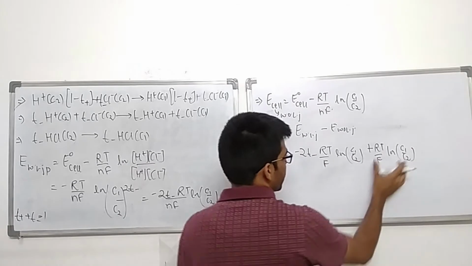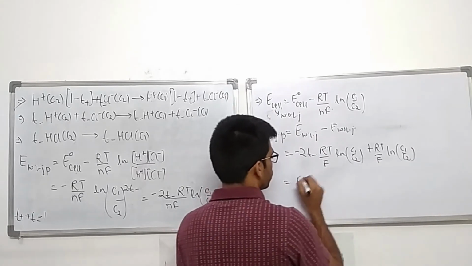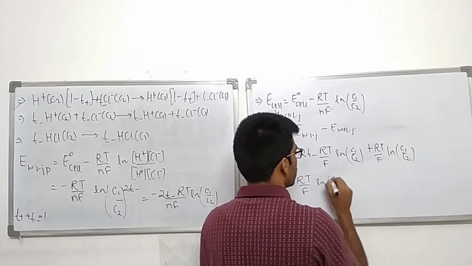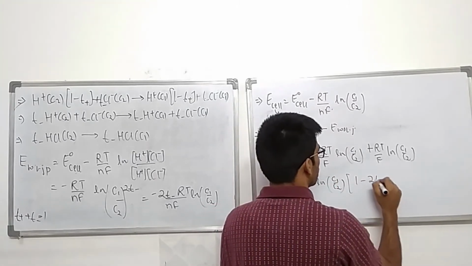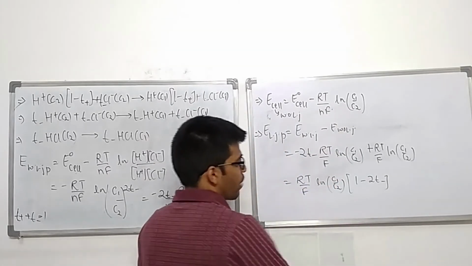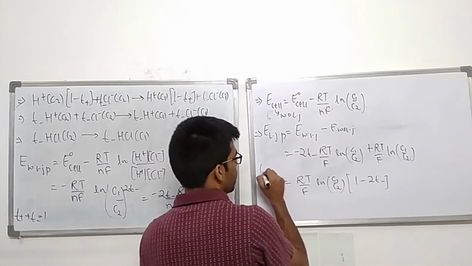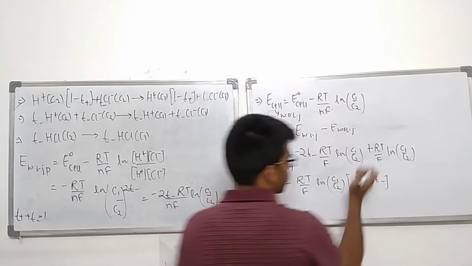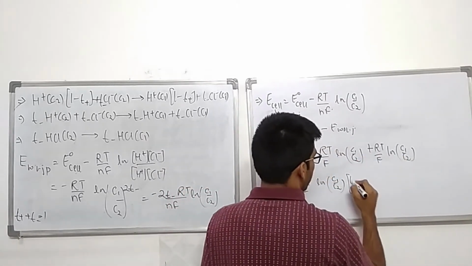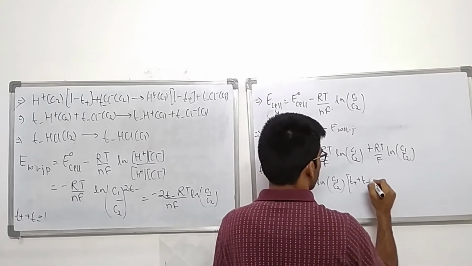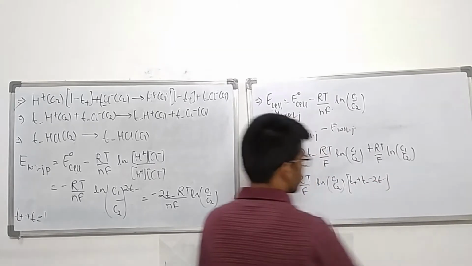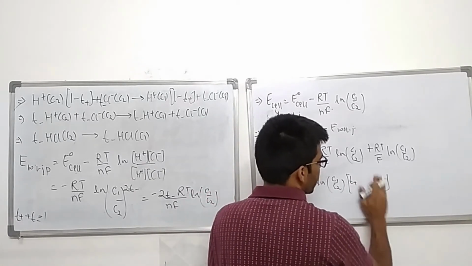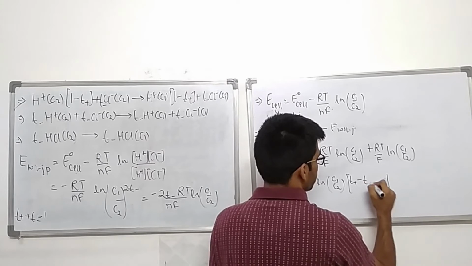So as you can see, I can take this entire part common, so I am left with RT by F ln C1 by C2. I am getting 1 minus 2T minus. Now in place of 1, I can write T plus plus T minus. So I will get T plus plus T minus minus 2T minus. This will give me T plus minus T minus. So I will rewrite it as T plus minus T minus.